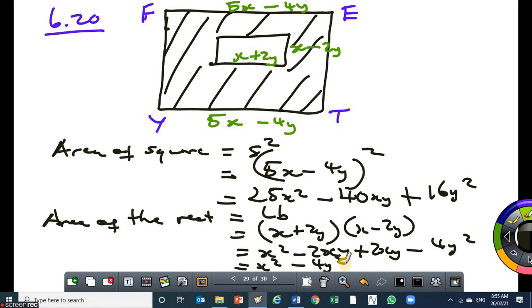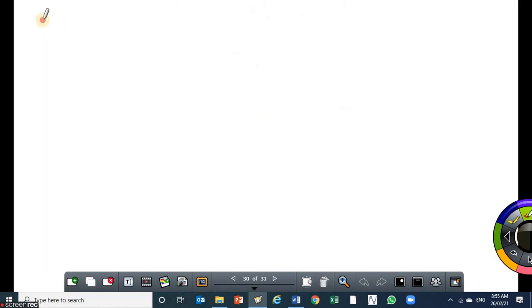Now, once you get there, you're almost done. Also, give yourself some marks there. Put some ticks if you did that part, right? Then, the area of the shaded part is going to be equal to, right?